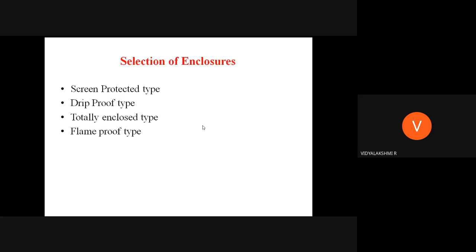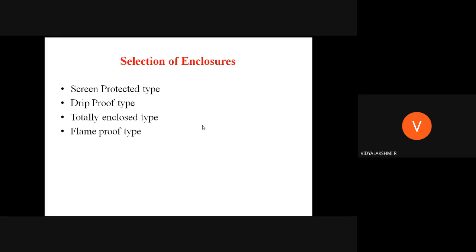So where I place my motor under water, I can use the drip proof type, because it is rust resistant and the enclosure keeps the water out.